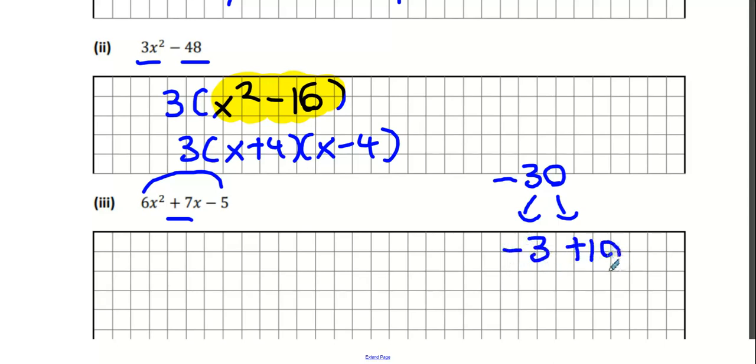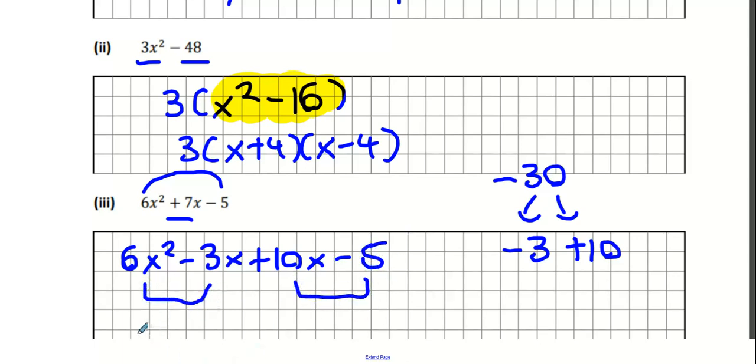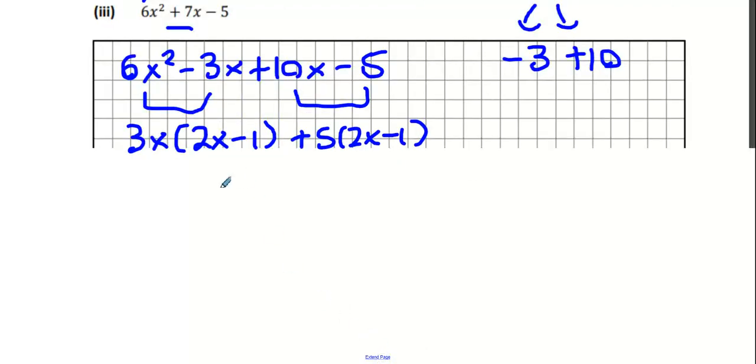Minus 3 and plus 10. 6x squared minus 3x plus 10x minus 5. What can I factorize out the front to? 3x into 2x minus 1. And then when you put them all in, 3x plus 5 and 2x minus 1.